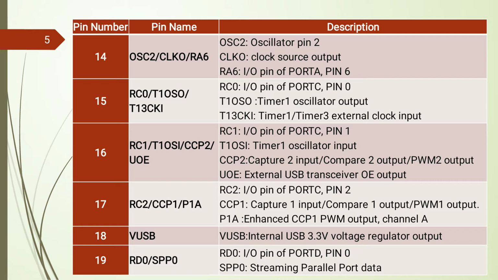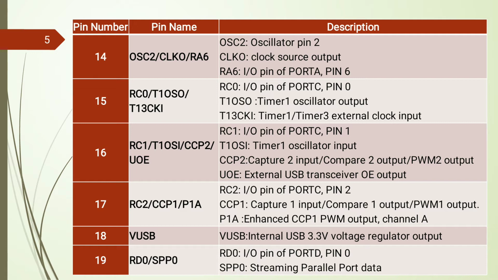Timer 1 and timer 2 are generally used. After that, we see an additional pin function at pin number 18, VUSB, the internal USB, which operates at 3.3 volts. The regulated voltage is provided as an output, and the required voltage is 3.3 volt. The PIC 18F supports the USB 2.0 version for various applications.